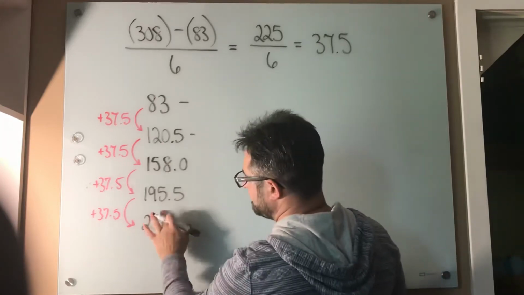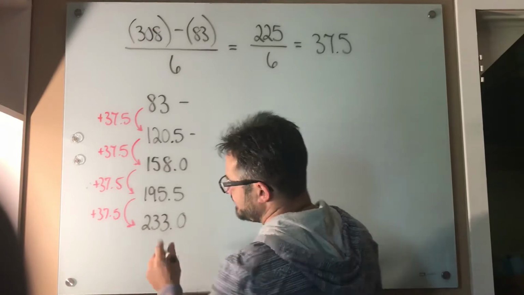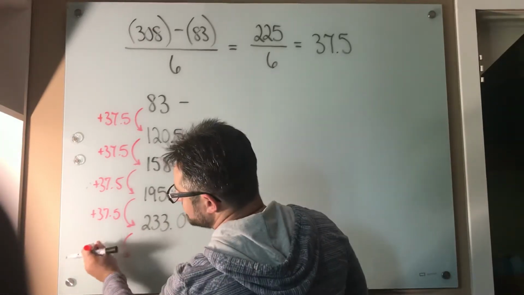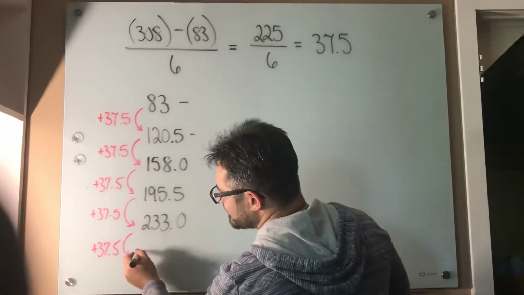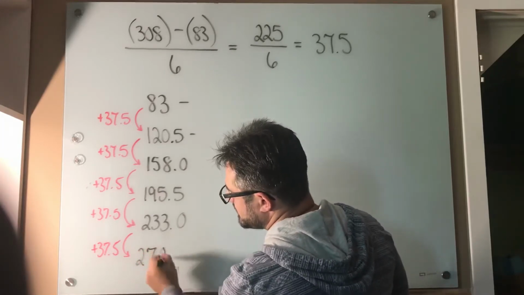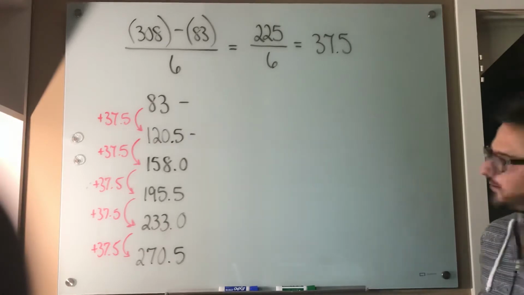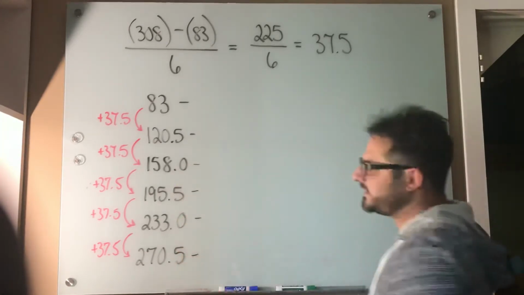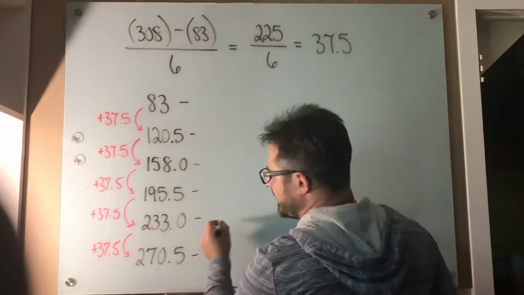Oh, excuse me. Forgot to carry. Okay. Now I'm going to skip ahead a little bit here because the rest of this is just filling in the upper limits, and that's pretty easy until we get to the last class, and that's really where the issue is going to come in.